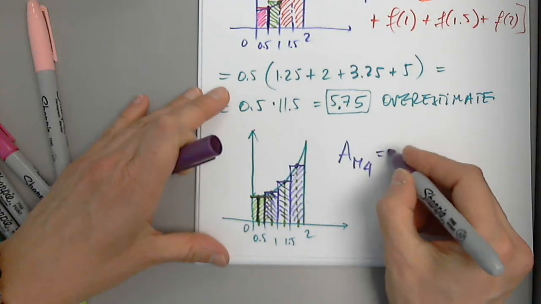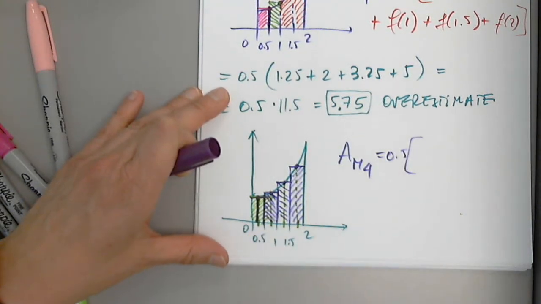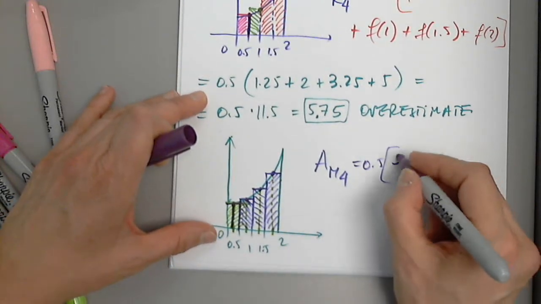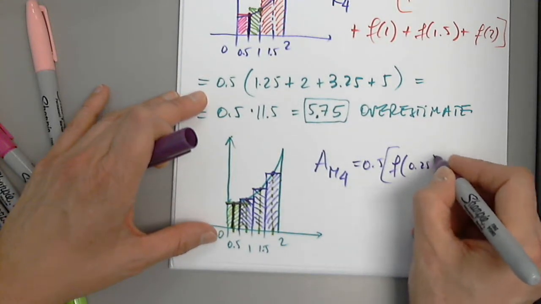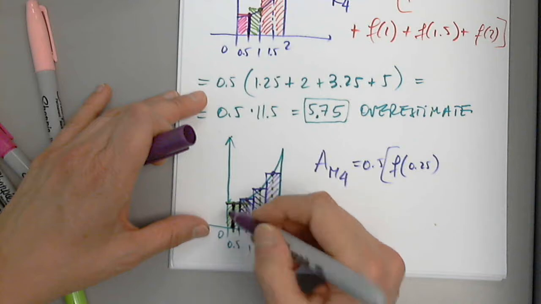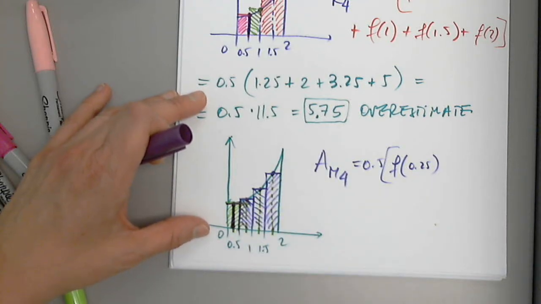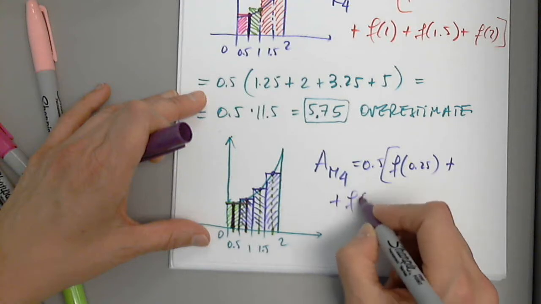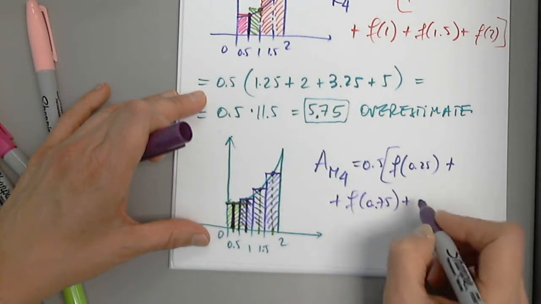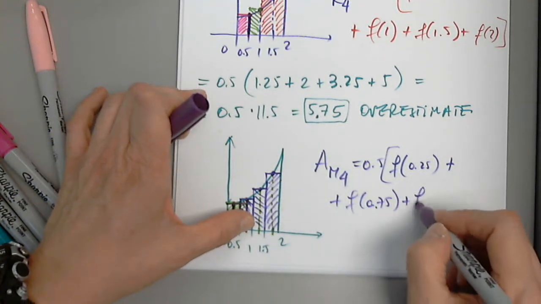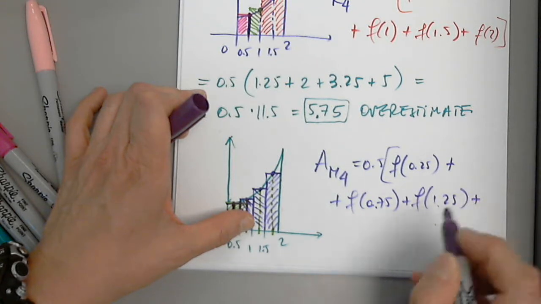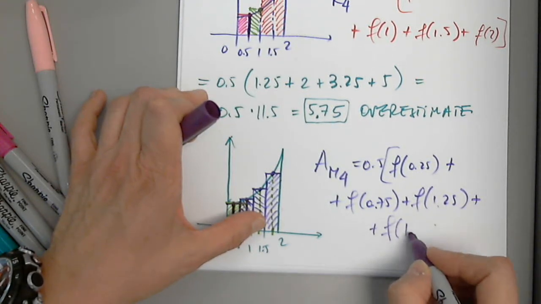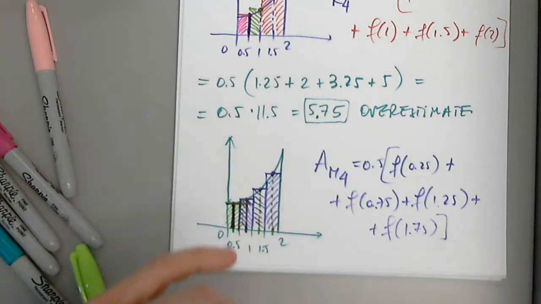So now we have still 0.5. The width of the interval is still 0.5, but this time it's f of 0.25 because that's where the height is. And now the height for the next one is 0.75. F of 0.75 plus. Now the next one will be f of 1.25. And the last one will be f of 1.75.